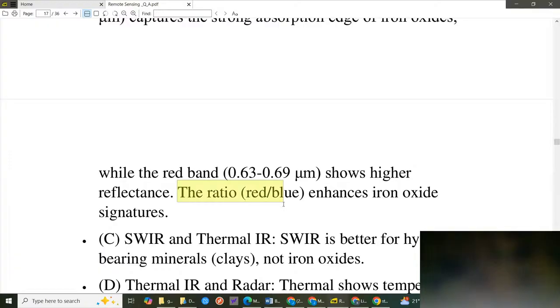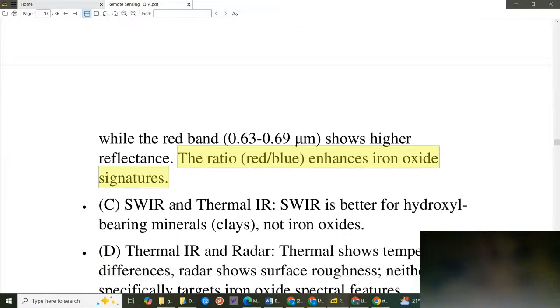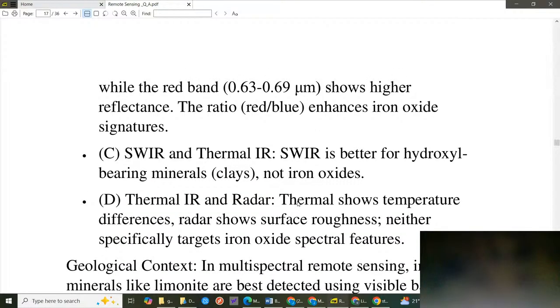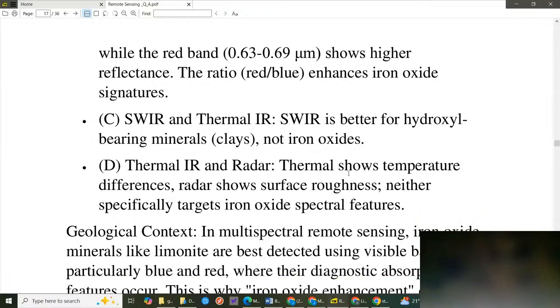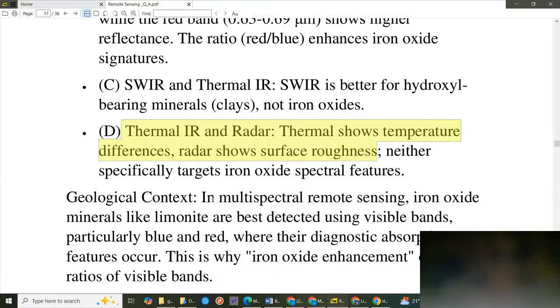The ratio of red over blue enhances iron oxide signatures. Short wave infrared and thermal infrared: SWIR is better for hydroxyl bearing minerals, not iron oxide. Thermal infrared and radar: thermal shows temperature differences, radar shows surface roughness. Neither specifically targets iron oxides.